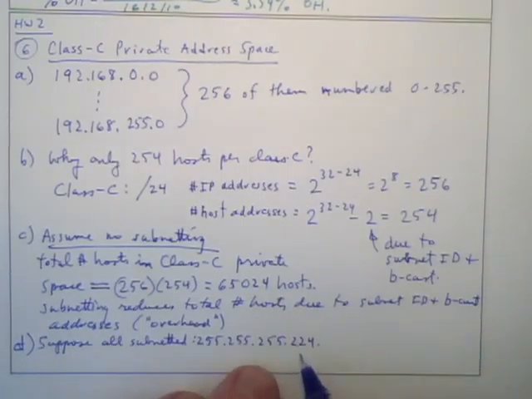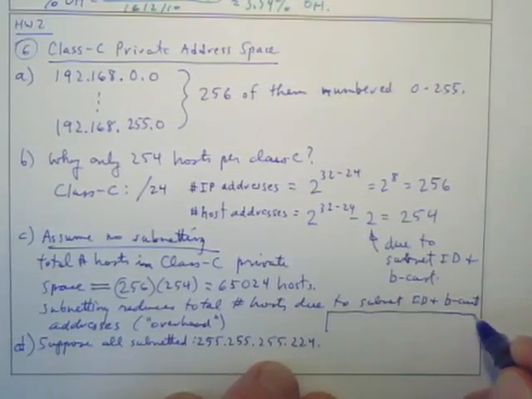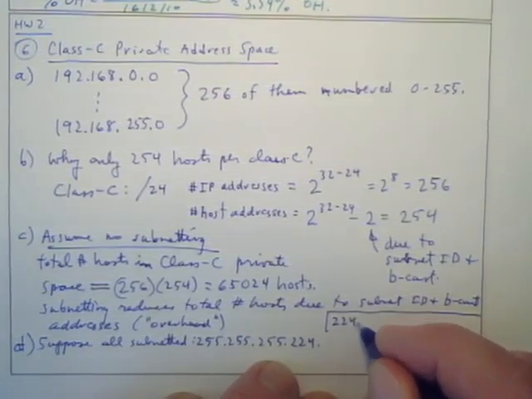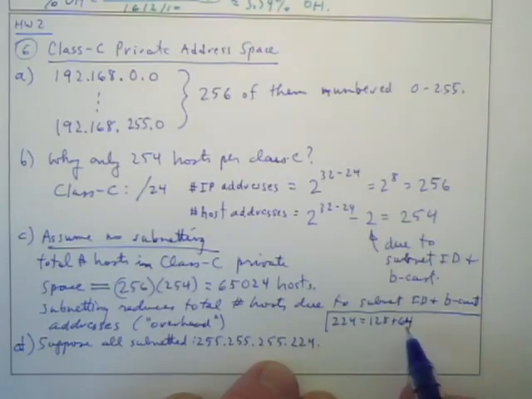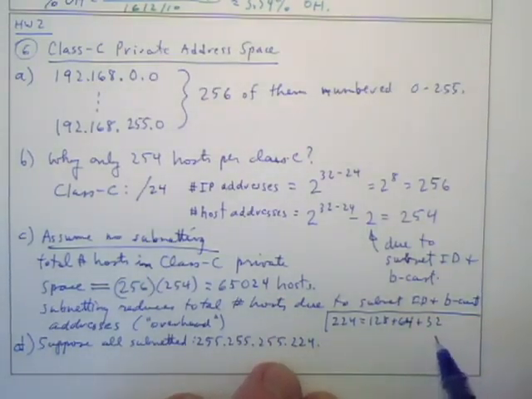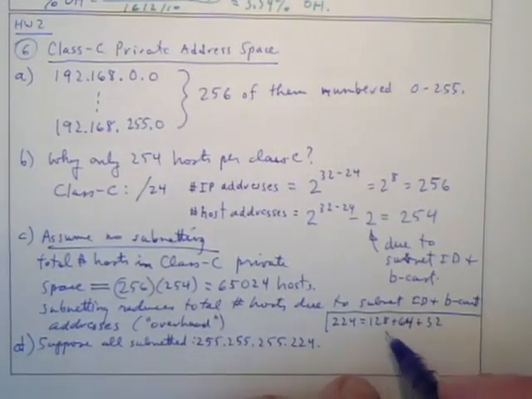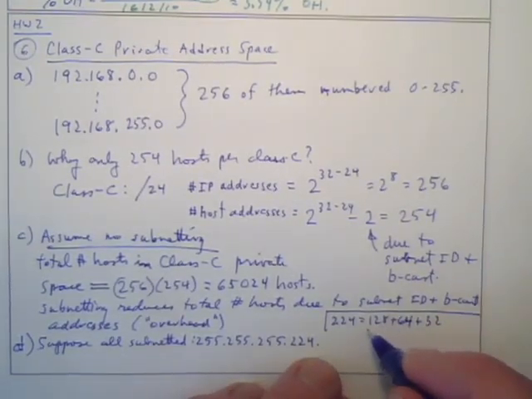And 224, just off to the side here, 224 is equal to 128 plus 64, which is 192, plus 32, which is 224. So it's 128, 64, and 32, so that means there are 3 ones at the beginning of the last octet.